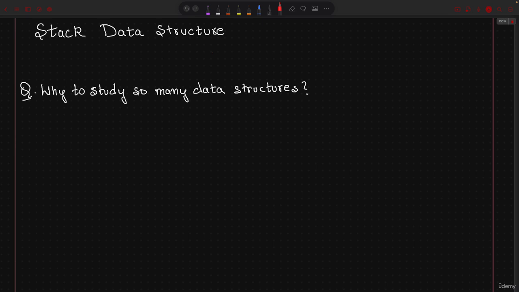So here I would like to talk a little bit on programming and problem solving in general. Being a software developer, or rather a problem solver for so many years, I have seen that having the knowledge of different data structures is very helpful in solving problems efficiently.